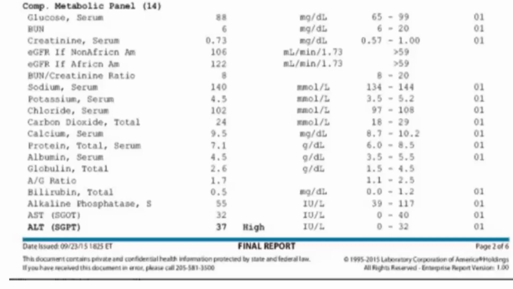The next thing I'd like to talk about, the EGFR and the BUN creatinine ratio, we don't really need to go into that at this time. If you have more questions about it, you're welcome to reach out to me. It's again a measure of the kidney function.